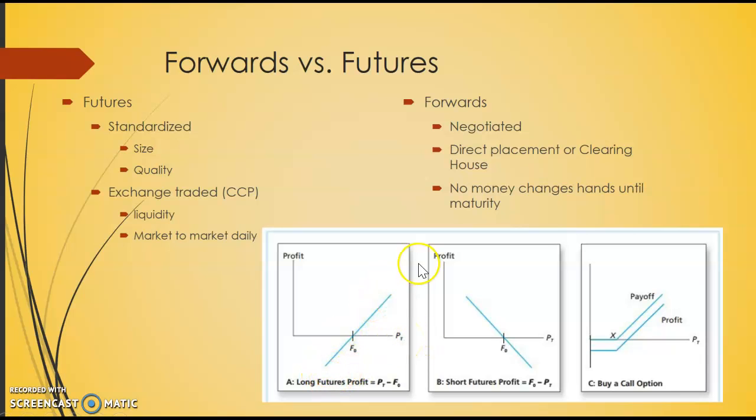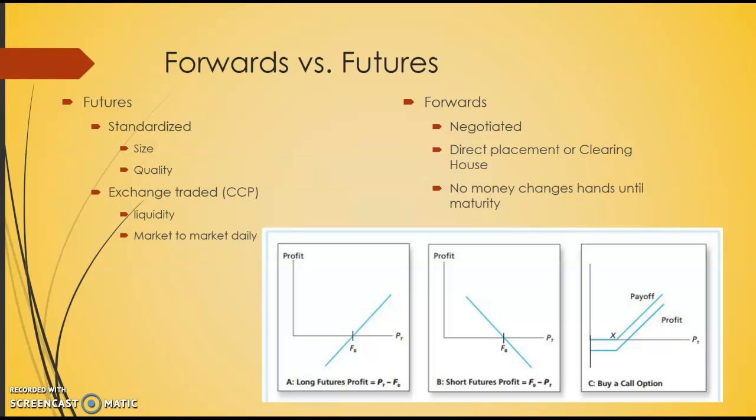And this is your long position in a futures contract. So when you're entering into a long position, for the most part, what you're doing is you're saying, I want to ensure that I lock in the price now because I'm going to be worried about a price increasing in the future. The way that you profit based on a long position in a futures contract is the spot price minus the futures price.